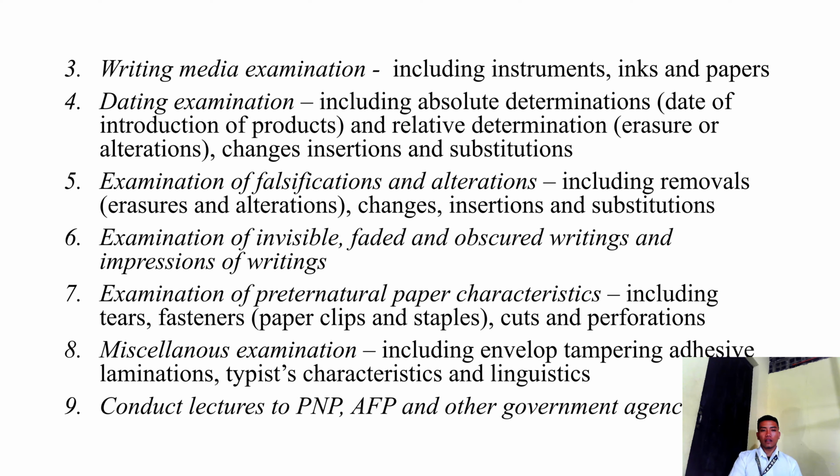Fourth is dating examination, including absolute determination, date of introduction of products, and relative determination, erasure or alteration, changes, insertions, and substitutions. Fifth is examination of falsification and alterations, including removals, erasures, and alteration, changes, insertions, and substitutions.